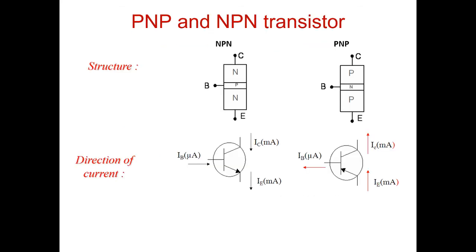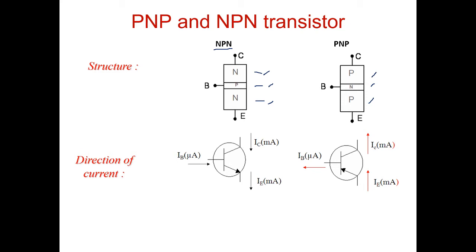If you want to draw an NPN transistor, you draw two N regions with a P region in the middle, so N type, P type, and also N type. So this is an NPN transistor. PNP has two P and only one N type region, right?